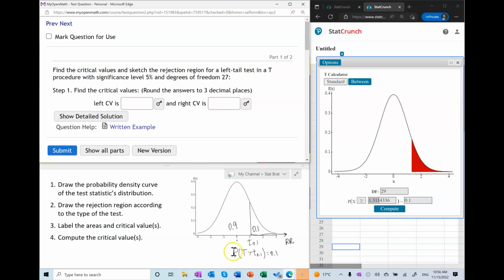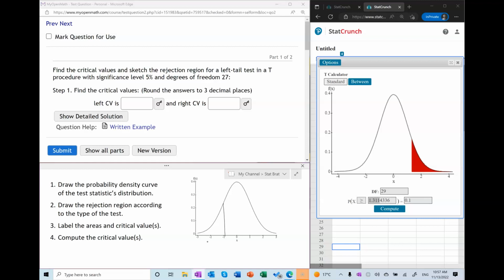There you go. So we're going to follow exactly the same steps. I'm going to use the same curve, not the same distribution, because clearly we have a t-distribution with 27 degrees of freedom, but it doesn't matter which curve you use to draw out the diagram. Then I'm going to draw the rejection region.